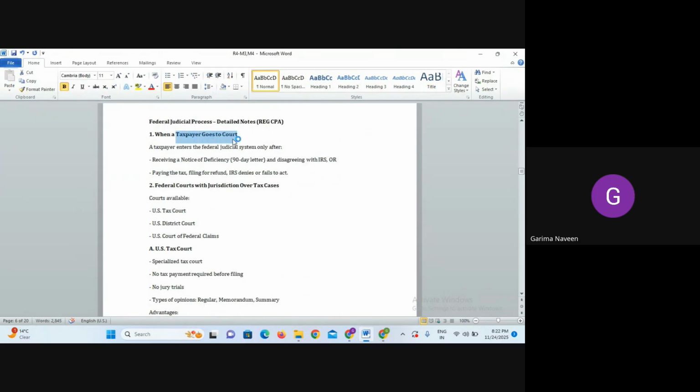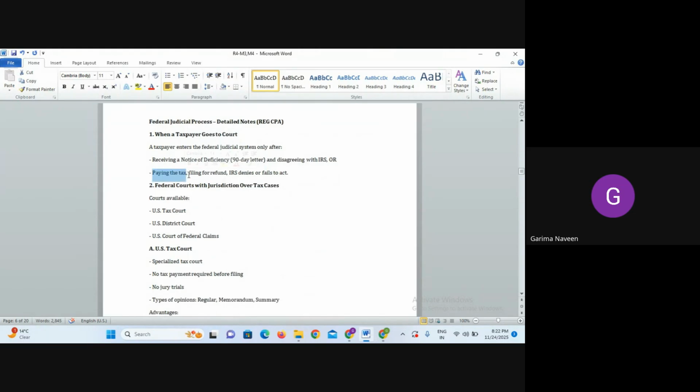So when a taxpayer goes to court, as I told you, when the IRS issues a notice of deficiency, a 90-day letter is issued by the IRS. Within these 90 days, you can go to court and file a tax petition.